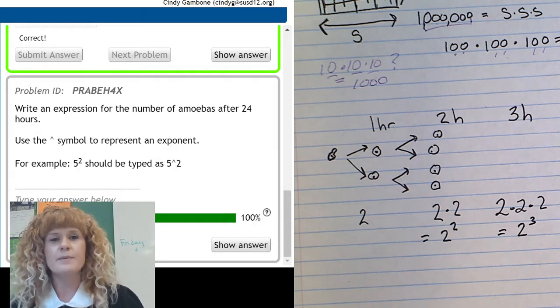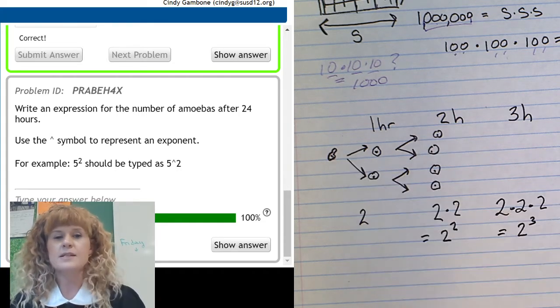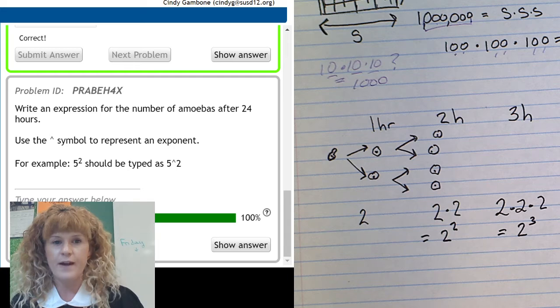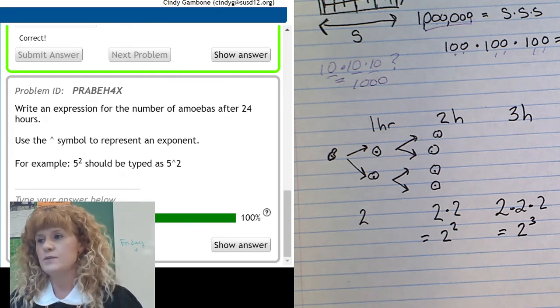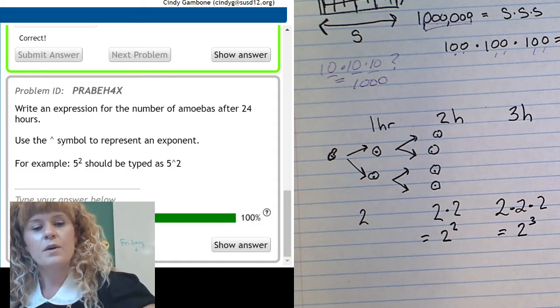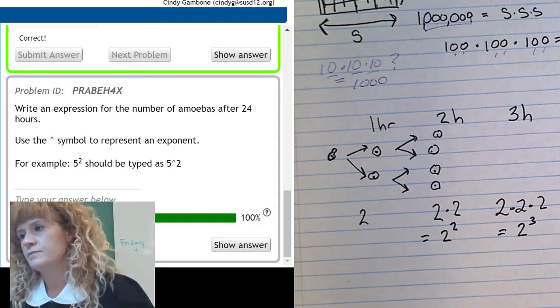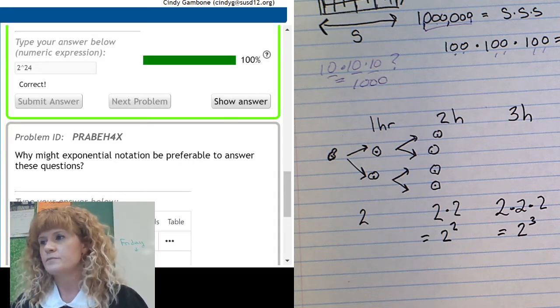This is called exponential growth. When it doubles like that, that's exponential growth with a growth factor of 2. That repeated multiplication, 2 times 2 times 2, that's called the growth factor. Go ahead and enter your answer now. I'm not going to tell you. I want you to think about it and get it right.